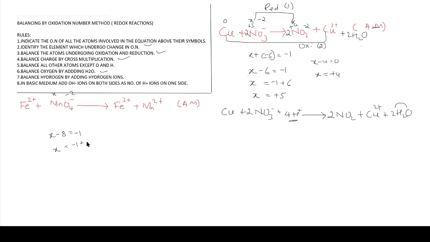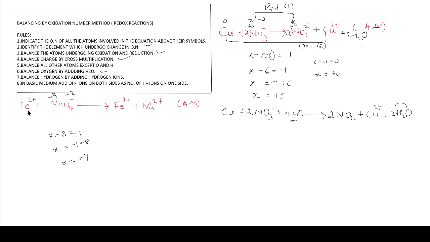So x is equal to plus 7. So we got to know that the manganese is in the plus 7 oxidation state, and here it's given already. After this, we have to just balance the atoms which are undergoing oxidation and reduction.